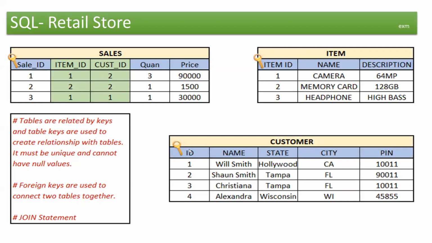Foreign keys are used to connect 2 tables together and are also called a join statement. So in terms of a retail store, this is an example which I'm trying to give. The same logic is applied for majorly all the concepts or all the works wherever a database is working. I'll also show you how it looks in the upcoming few slides.